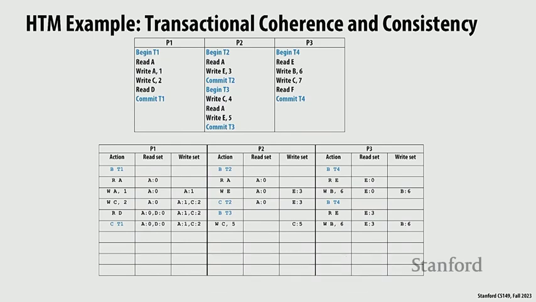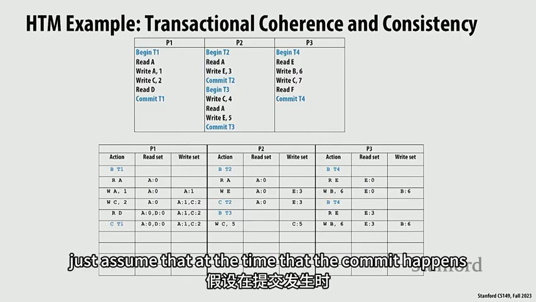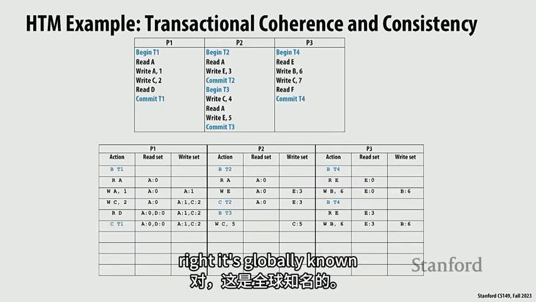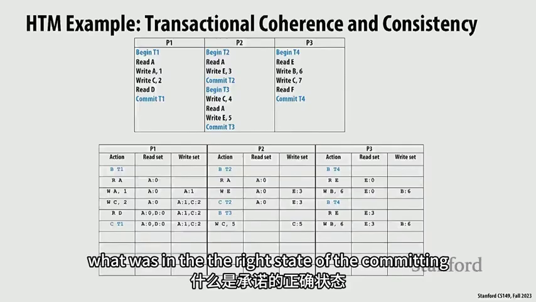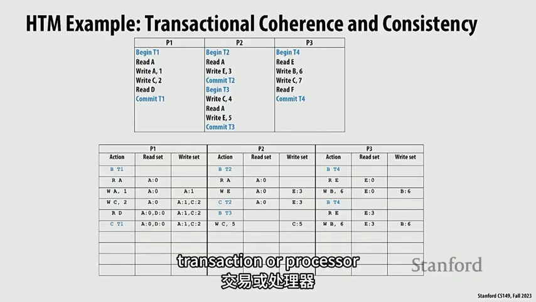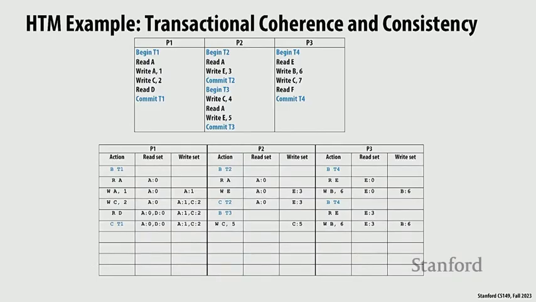Yeah? In terms of how this is actually done, can we assume it's all exactly the same time, or do we look at the other processor taking the bus and then they see? Yeah, just assume that at the time that the commit happens, it's globally known what was in the write set of the committing transaction or processor. Is it serialized?